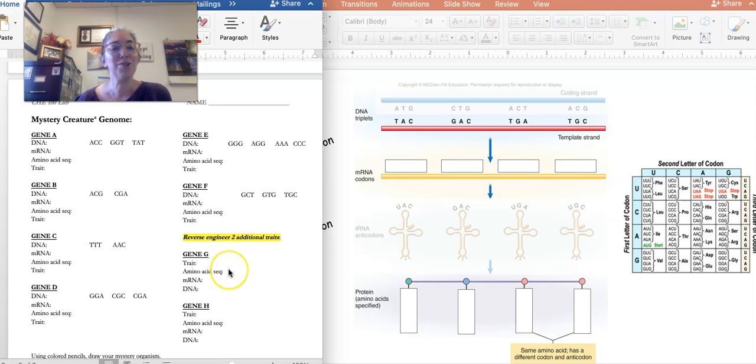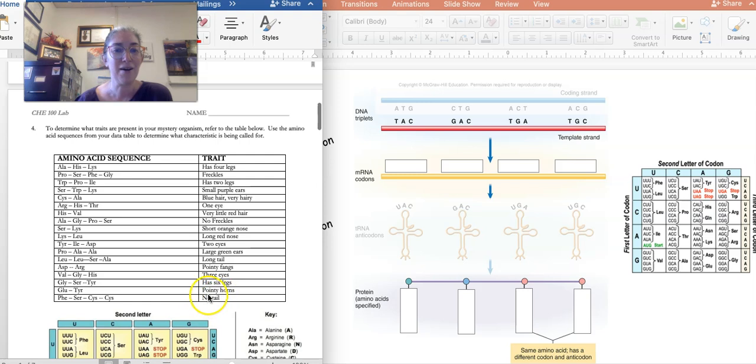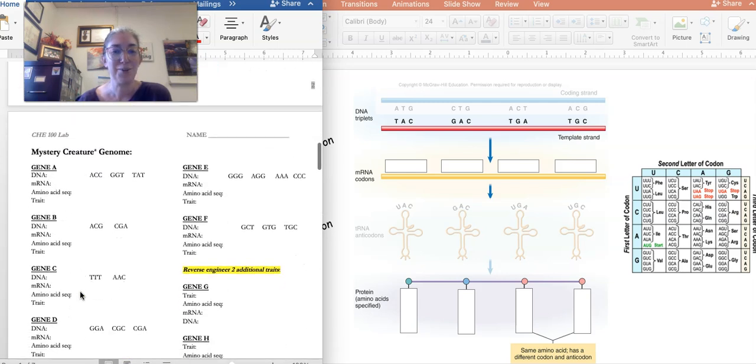And then you're going to reverse engineer 2 traits. So you'll pick 2 other traits from the table. So let's say you were picking pointy horns, all right? So you'd start instead with the amino acid sequence, glutamate and tyrosine. So you'd start with the trait, the horns, then you would write out from the table what the amino acid sequence is.